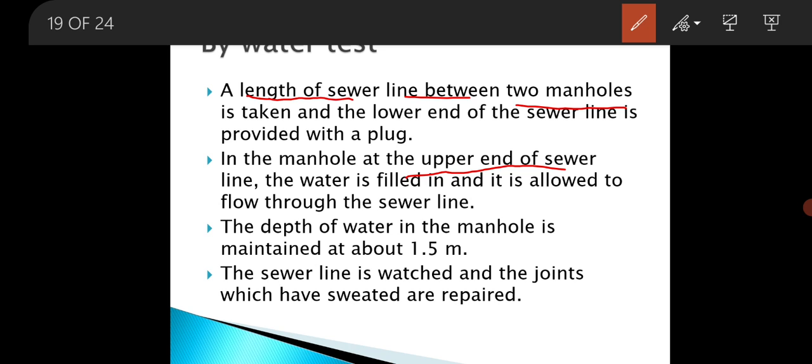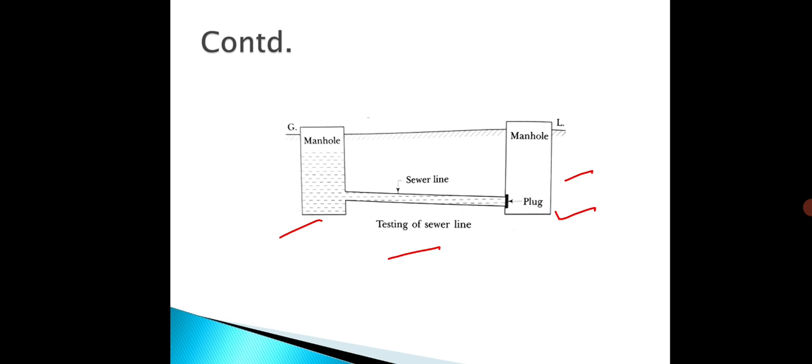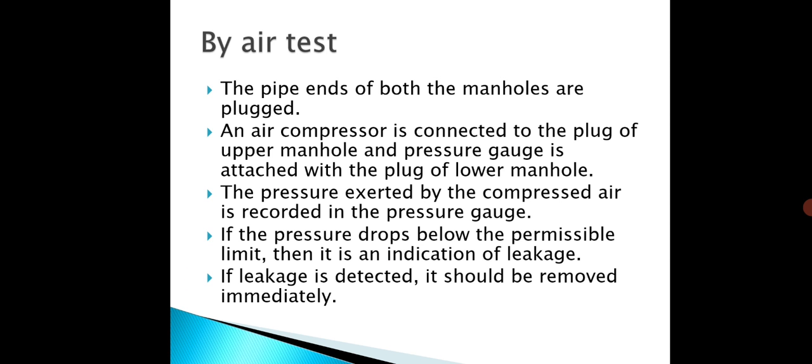The depth of water in the manhole is maintained at about 1.5 meter. Then the sewer line is checked, and the joints which have sweated are repaired. If there is any leakage, that should be repaired.